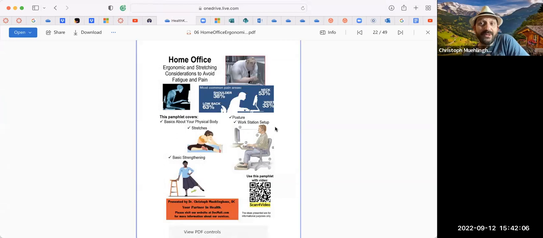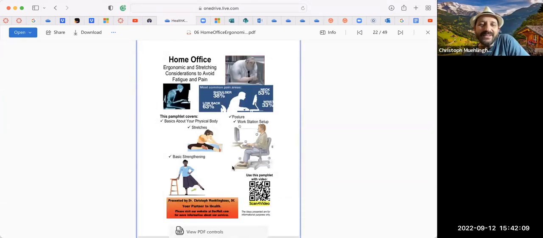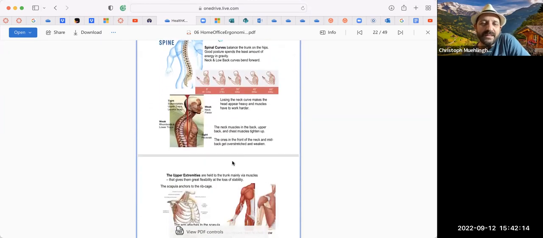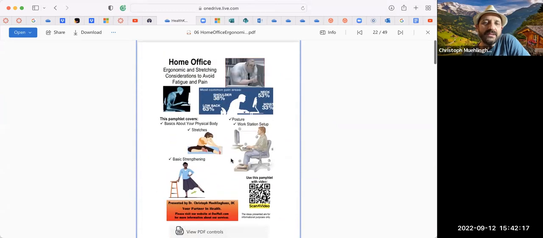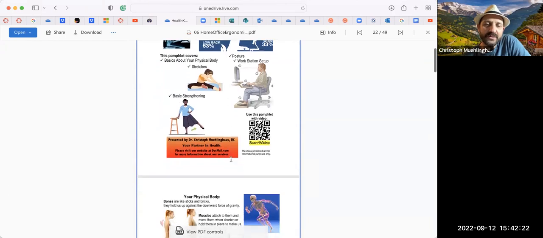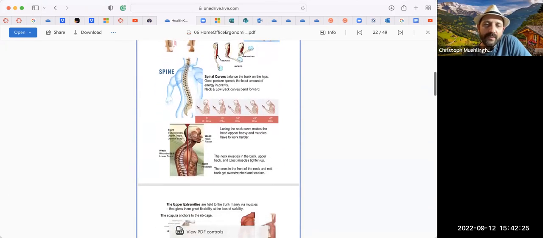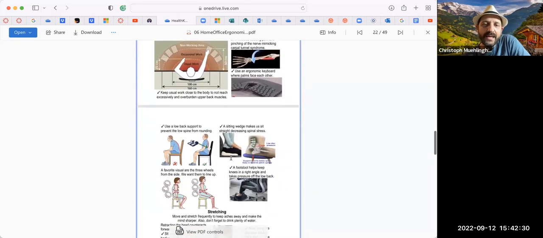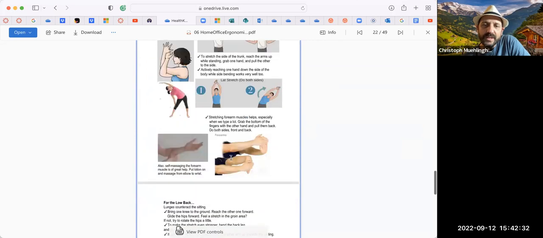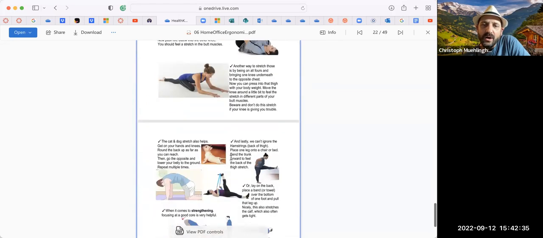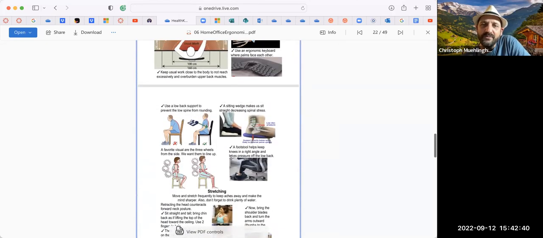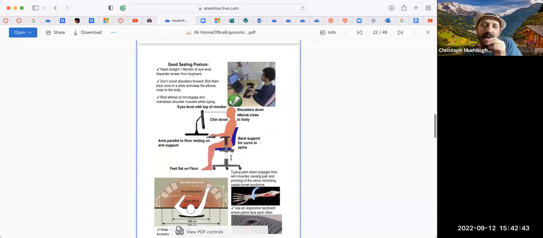I'm not going to say my workstation is any good, but when COVID happened, we all started sitting around and being on Zoom. So for Merit, the school I teach at, I did an ergonomic handout, and I gave it to you also. I want you to read through this handout and evaluate your workstation and get yourself some ideas. First it talks about the anatomy, then the different parts of the workstation and how it should be set up.